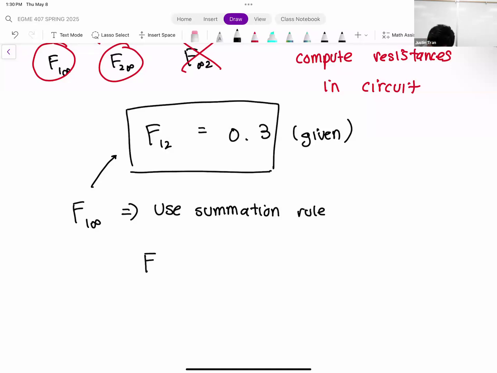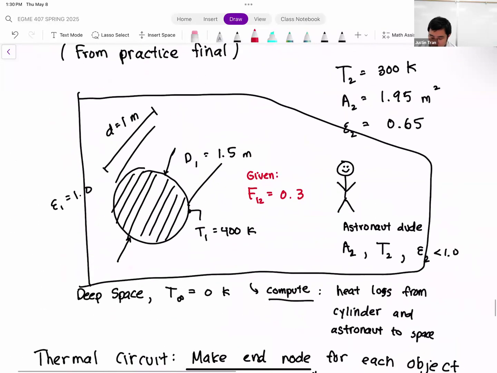So if we add up F11 plus F12 plus F1 infinity, that should all equal 1. Now we already know F12. F12 is right above this, so F12 we know is going to be 0.3. F11 we already know as well, because if we look at the geometry for the cylinder, the cylinder is going to be radiating heat off its outer surface.